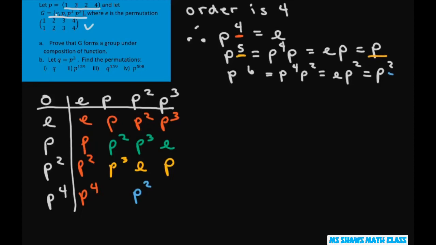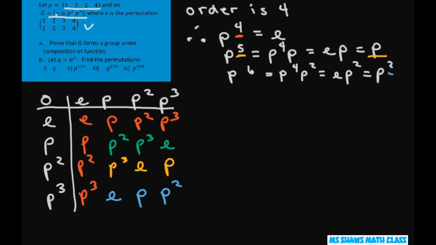I shouldn't have put a 4 here. This should be a 3. I was wondering why it's messing up. All right, so this is P cubed. Okay, so here we go again. Now we're at P to the 4th, which is E, P to the 5th, which is P, and P to the 6th, which is P squared.